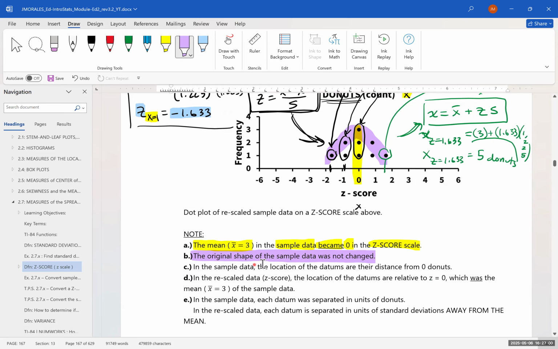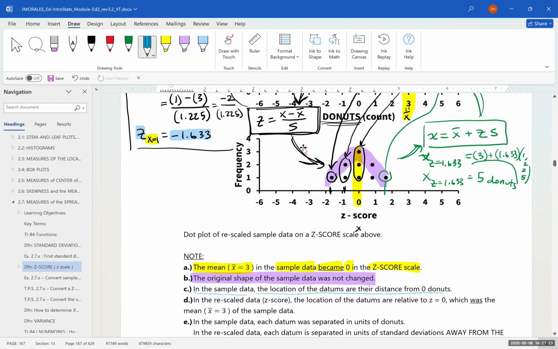In the sample data, the location of the datums are their distance from 0 donuts.